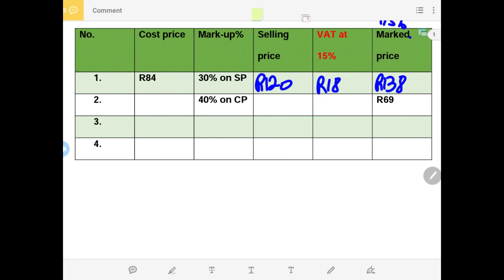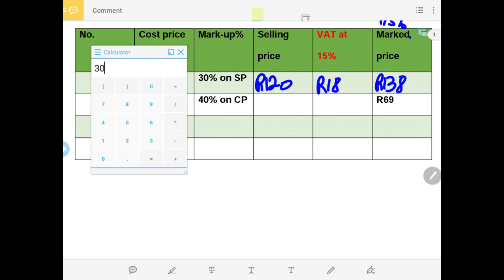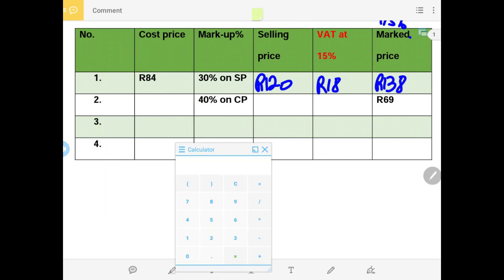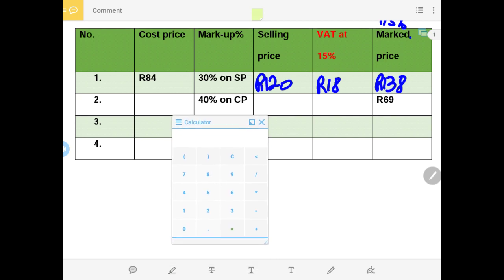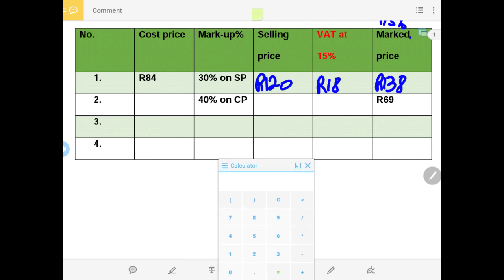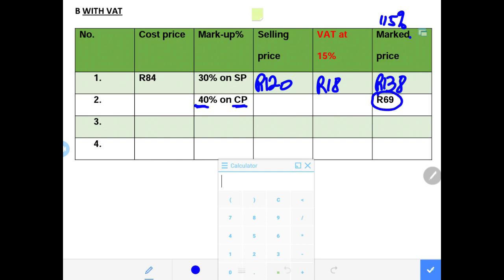Even if it was supposed to be the VAT amount. Just ignore the rounding off if it has any problems, but the concept will still be fine. Now we are given a markup percentage of 40% on cost price. And what else is given is only the amount at the end.